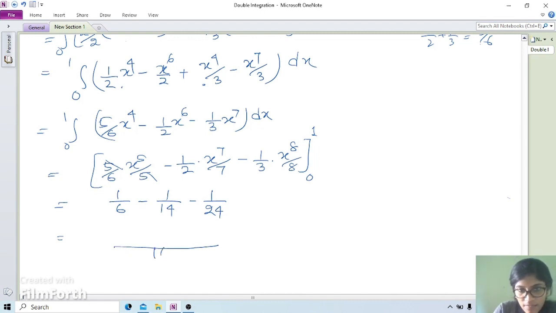Here taking LCM 168, 168 by 6 is 28, minus 12, minus 7, which equals 9 by 168.